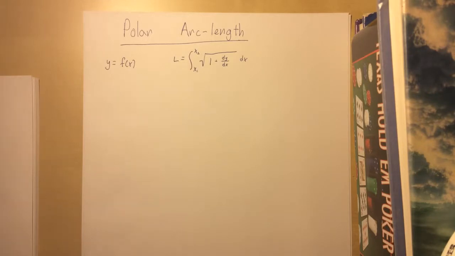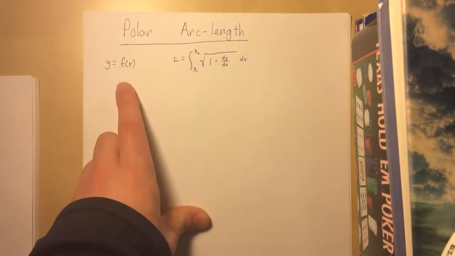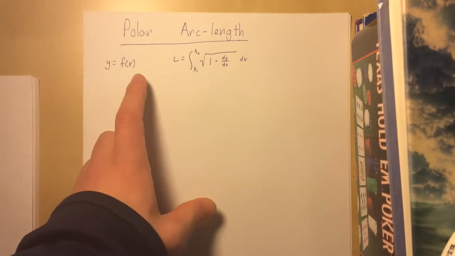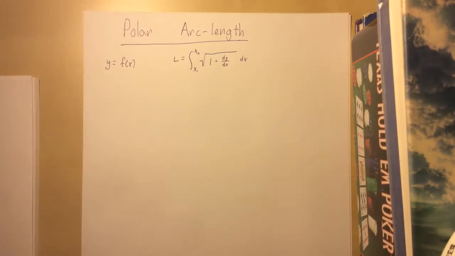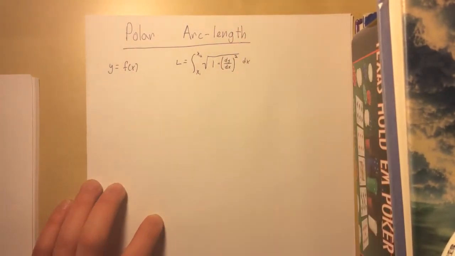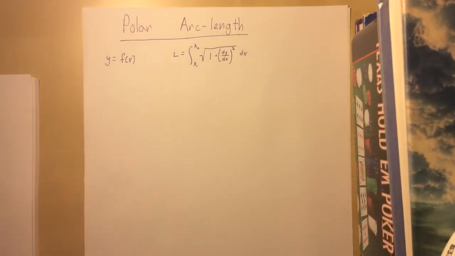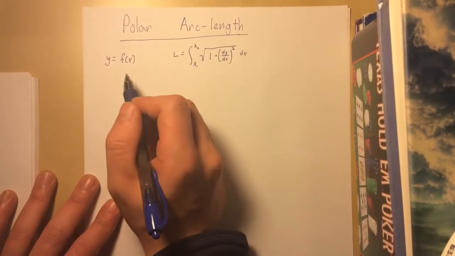If you remember back a couple units ago, you had this equation for the arc length of the function y equals f of x. It's just the integral of the square root of 1 plus the derivative squared dx. Where that's coming from is the parametric equation.